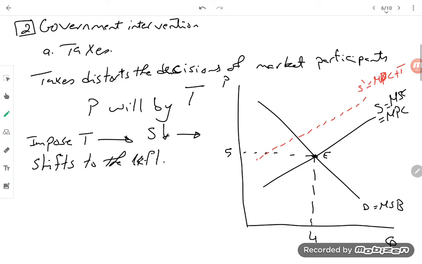And in this case, the supply curve reflects marginal private cost plus taxes, which is greater than marginal social cost.